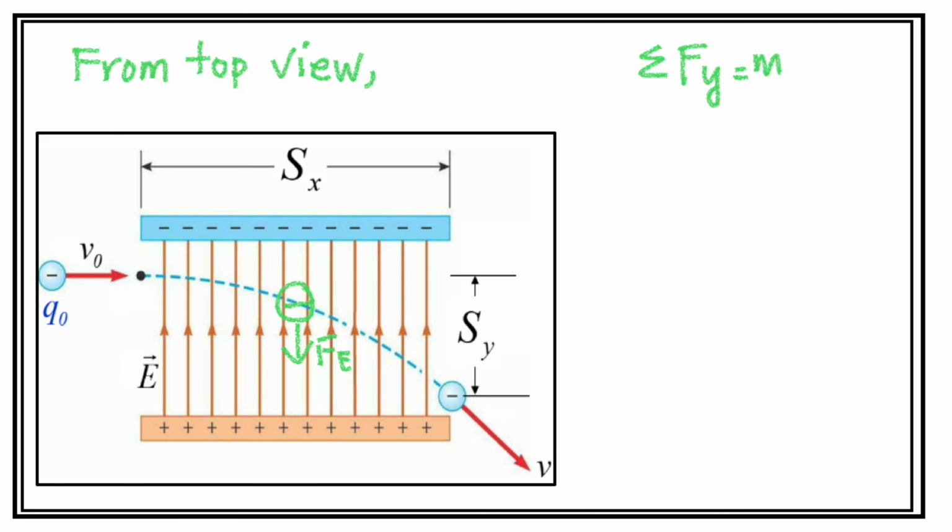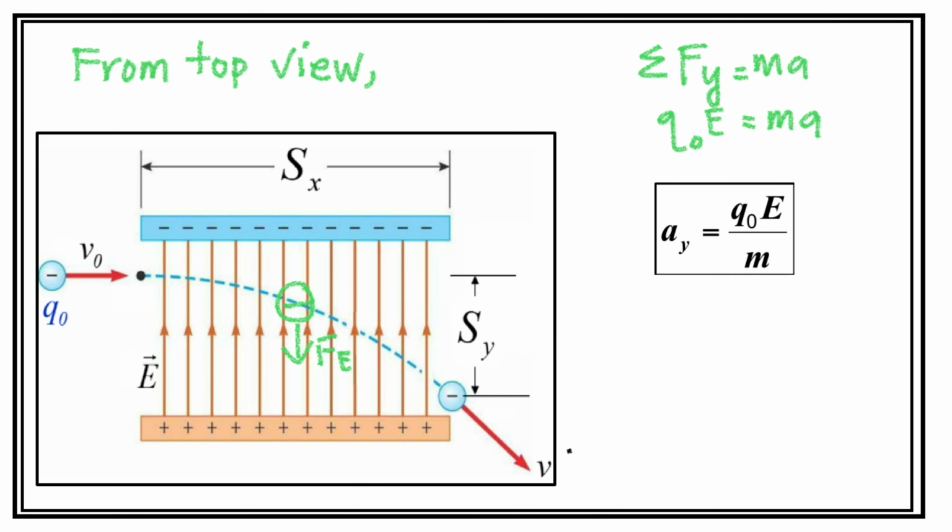So how about the velocity? We can find the velocity at the end of the plate by using the equation for the magnitude of V, where it is equal to the square root of Vx squared plus Vy squared. Since we have Vx and Vy, we can find the direction by using tan theta equals Vy over Vx.